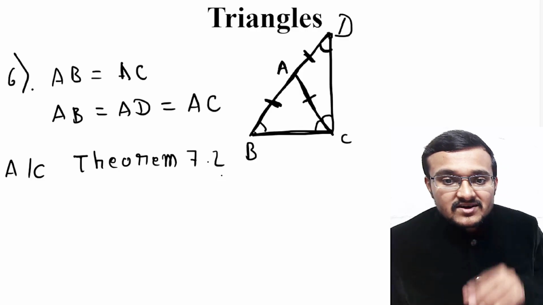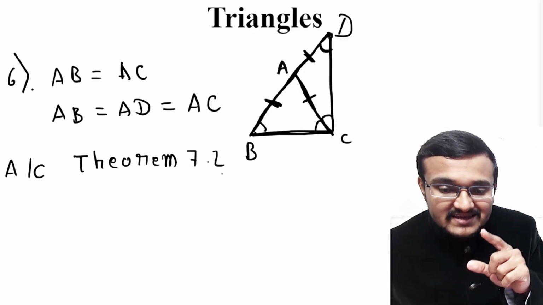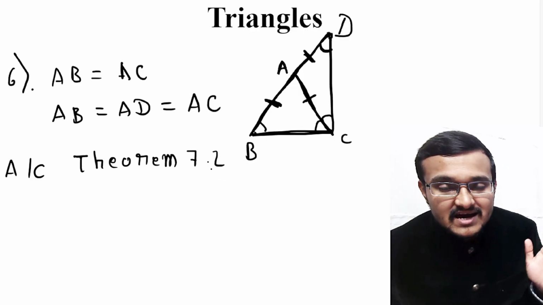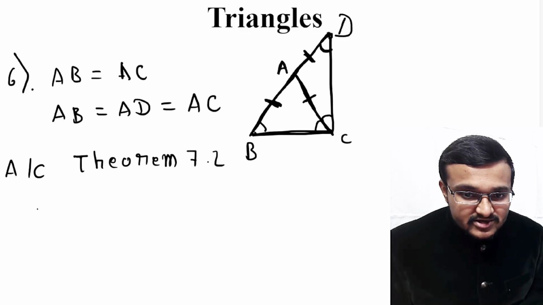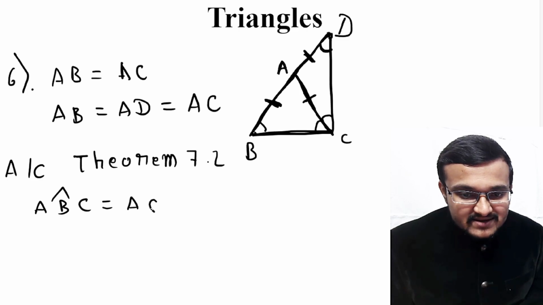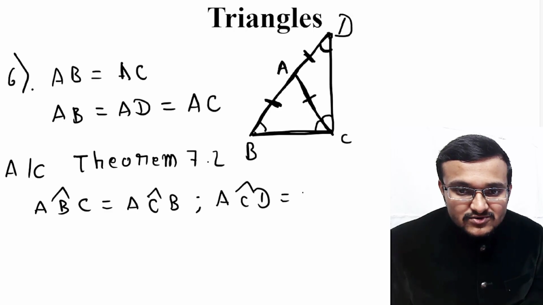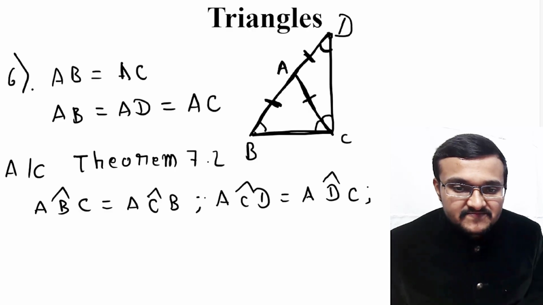That is, angle DCA and angle ADC are equal. So according to theorem 7.2, angle ABC is equal to angle ACB, and angle ACD is equal to angle ADC. So we'll just keep this aside.